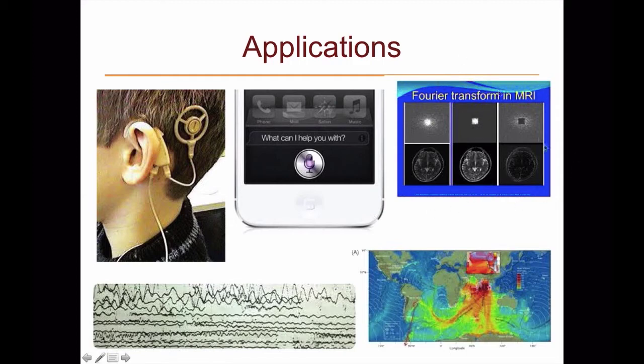Here is an example of the use of the Fourier transform in processing MRI scans, or processing geo information data to predict things like earthquakes or the tsunami path or probability.